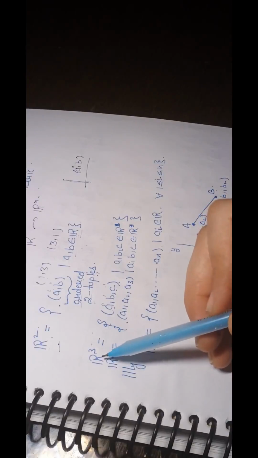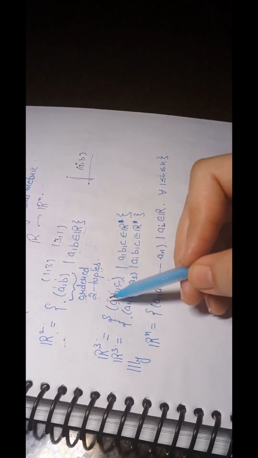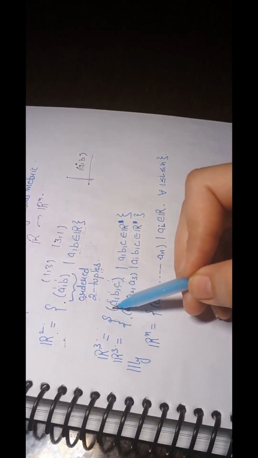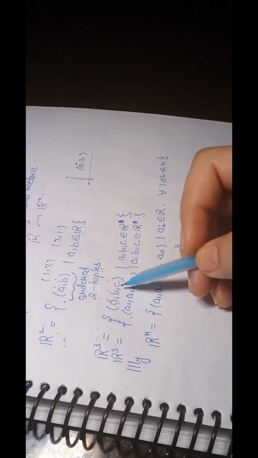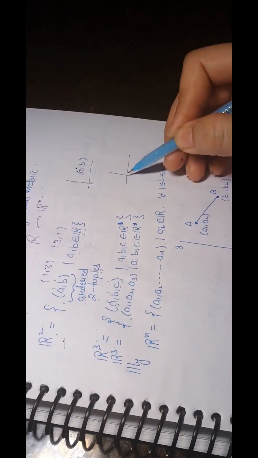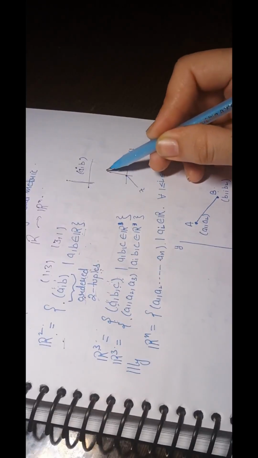Similarly, we know how R3 looks like. It is the collection of all ordered three tuples. Here we have three coordinates and we are representing it as A comma B comma C. Here we had X coordinate, Y coordinate and Z coordinate.